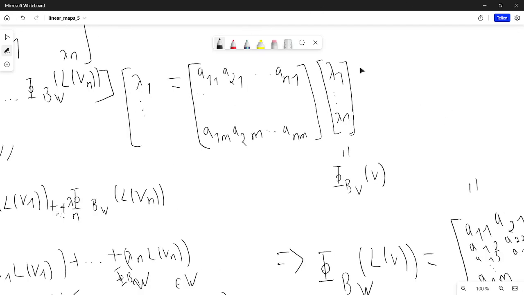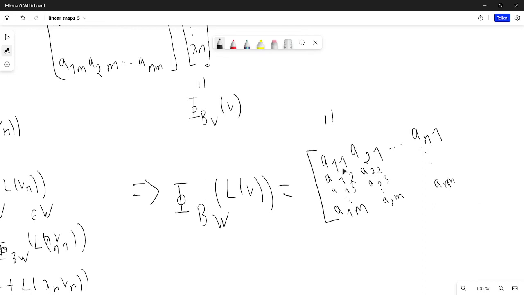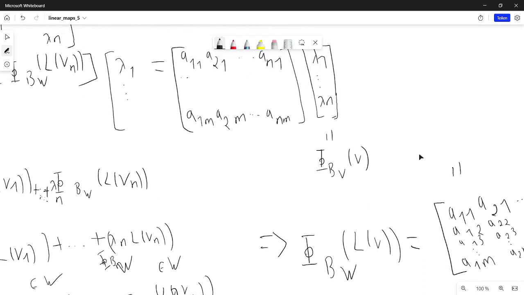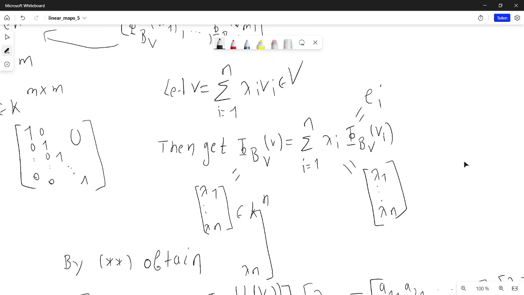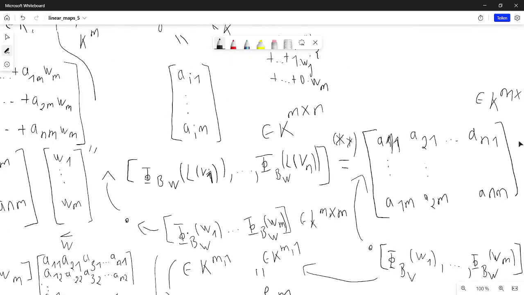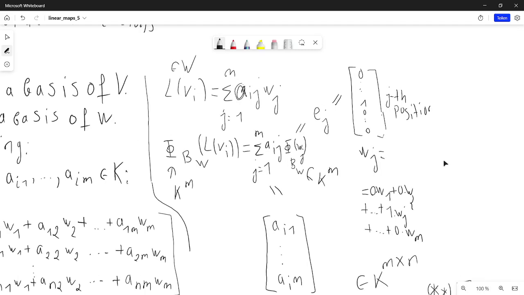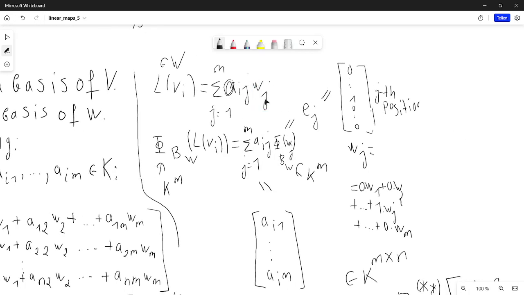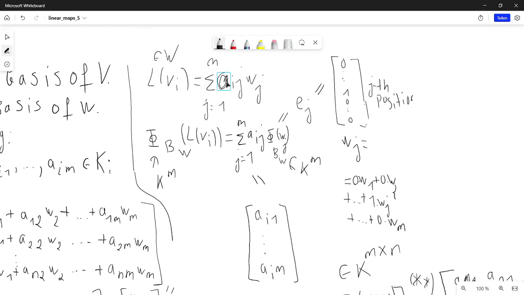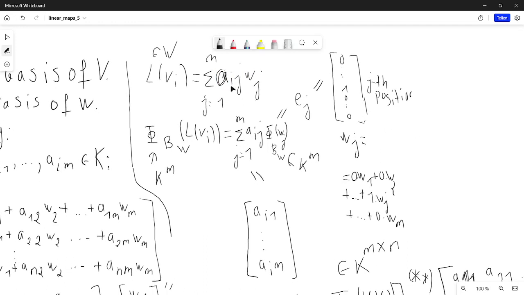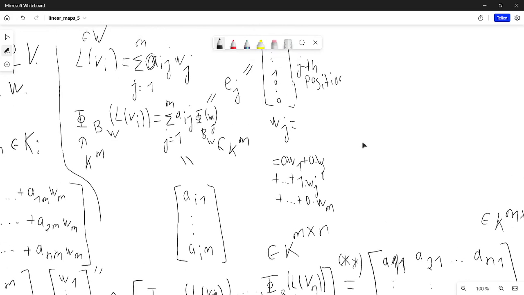Now, where would we like to have it? Here, A11. That is, this column is exactly the coordinates, written in the column, by which we represented L of VI, the image of VI under L, with respect to the vectors in the basis BW. That's exactly that: A11, A12 for vector V1, or for vector VI, AI1, AI2, AI3, until AIM.